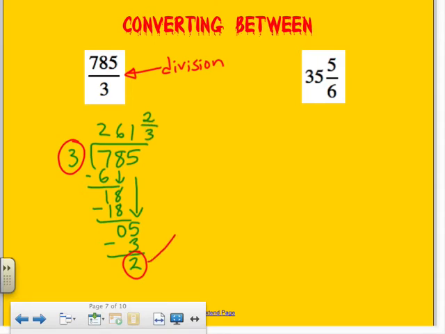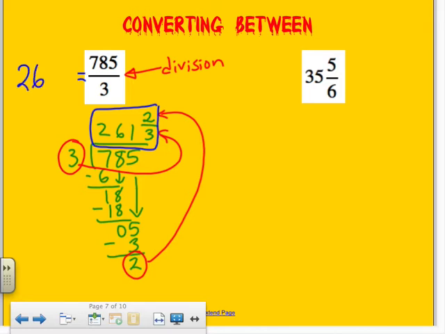So that remainder becomes your numerator, and the 3 becomes the denominator. So this is your answer, 261 2/3. This is equivalent to 785 over 3, showing that there's 2 left that still needs to be divided by 3. So that's turning an improper fraction into a mixed number.